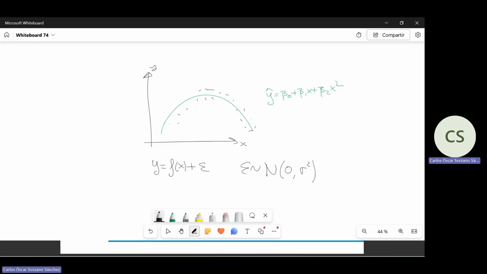These are scalars, not vectors. My assumption is that there is some underlying function that I'm trying to estimate, but my observations are disturbed by some noise.